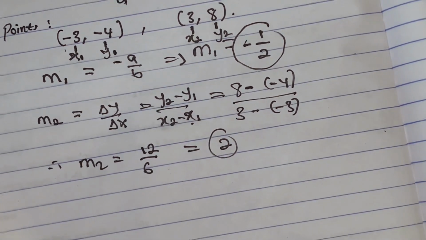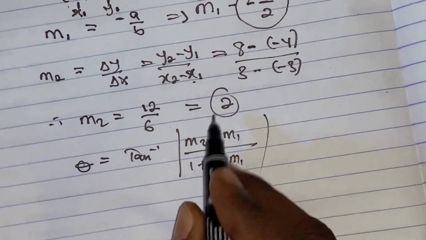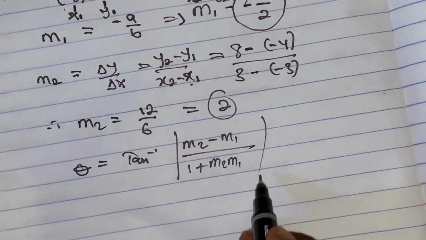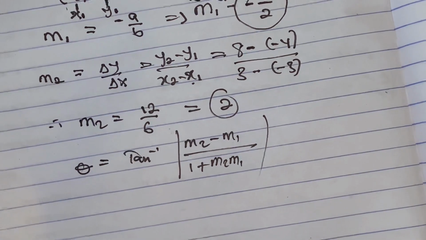Now let's recall the enclosed angle formula. We have m2 as 2 and m1 as negative 1 divided by 2.